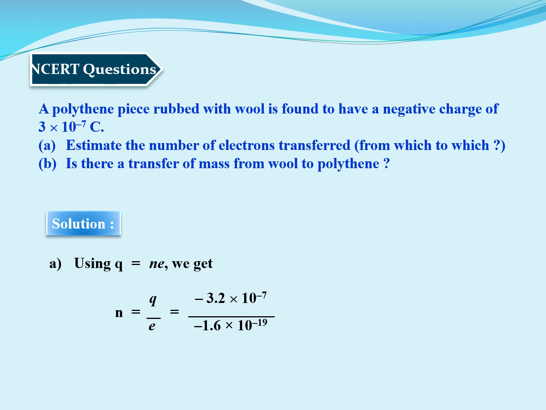We have taken it as negative because we have charges that have been transferred in the form of electrons. So on simplifying, I get an answer where N is equal to 2 into 10 to the power of 12 number of charges have to be transferred to the body. That is from polythene to wool.